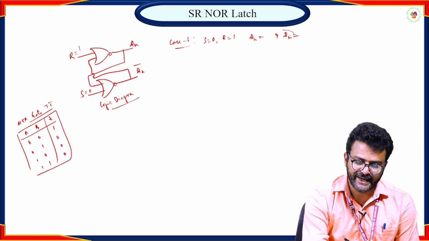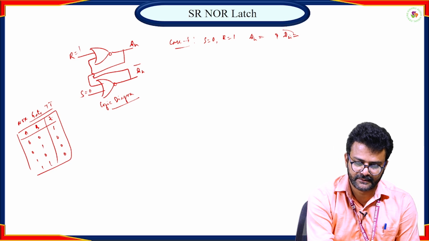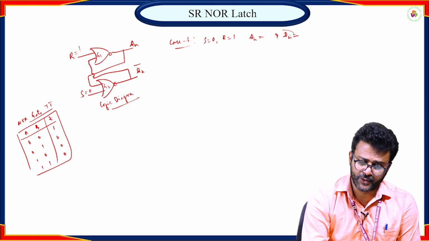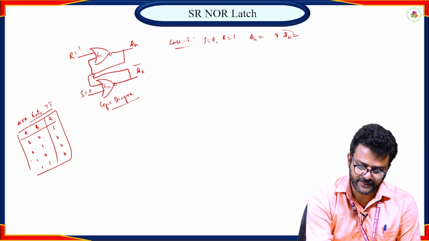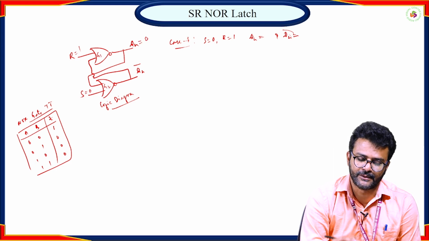As per the truth table of the NOR gate, if any one of the inputs is 1, the output will automatically be 0. Suppose this is G1 and this is G2; one input to G1 is 1, so the output will be 0.